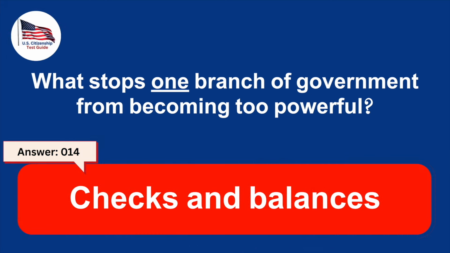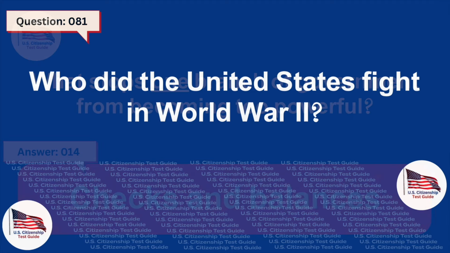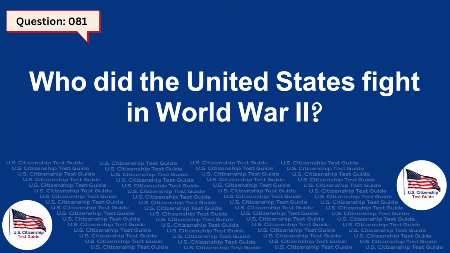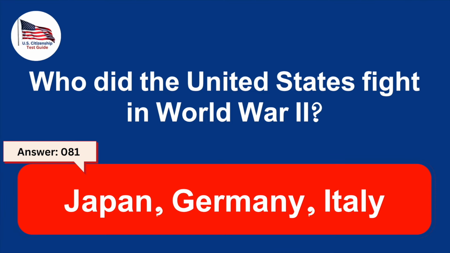Checks and balances. Who did the United States fight in World War II? Japan, Germany, and Italy.